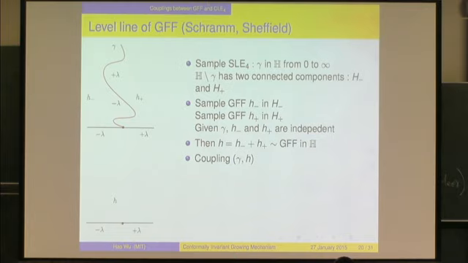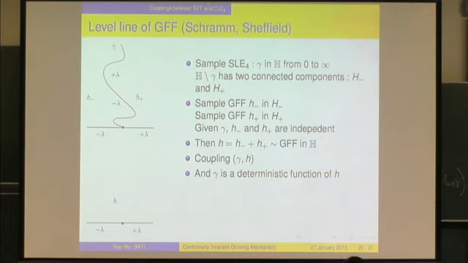The most surprising thing is that we can also prove that this curve is a deterministic function of the field. This is very non-trivial given the previous construction, because in the previous construction we first run the curve and we define the field depending on the information of the curve. But finally, we can prove that, in this coupling, the curve can also be read from the field.